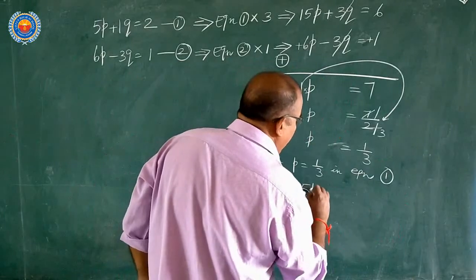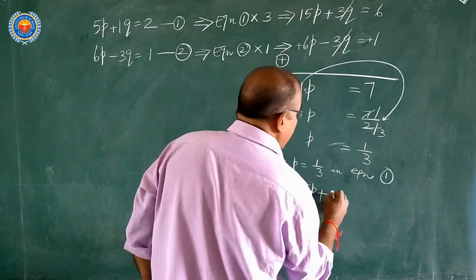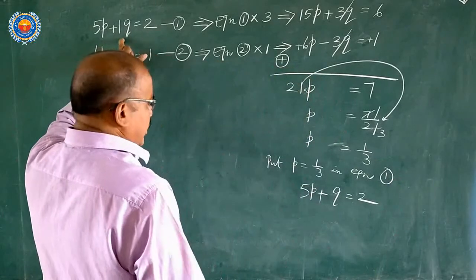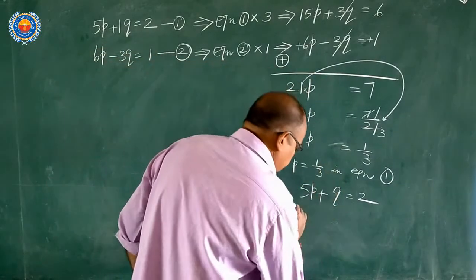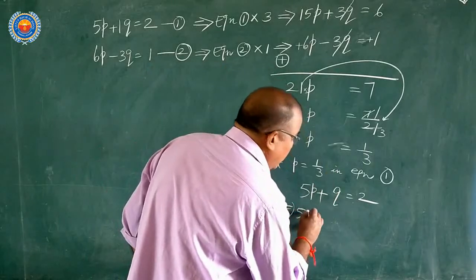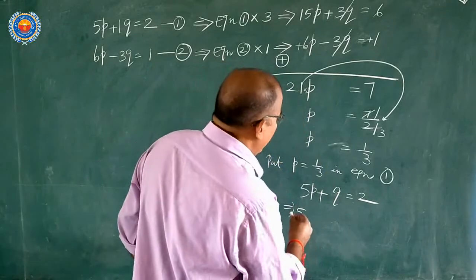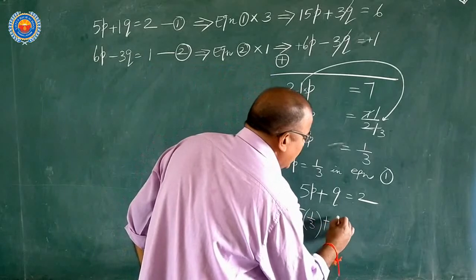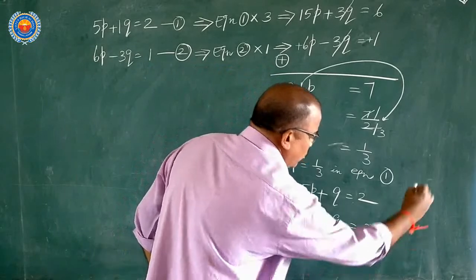That is nothing but 5p plus q is equal to 2. 5p plus 1q, or q, no problem, is equal to 2. Implies 5 into the p value 1 by 3 plus q is equal to 2.